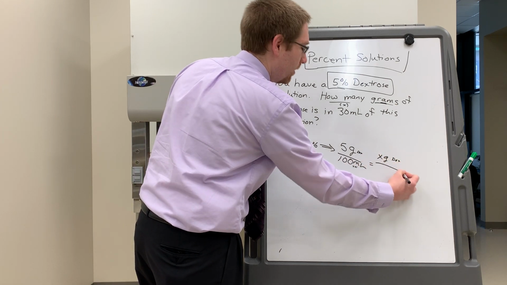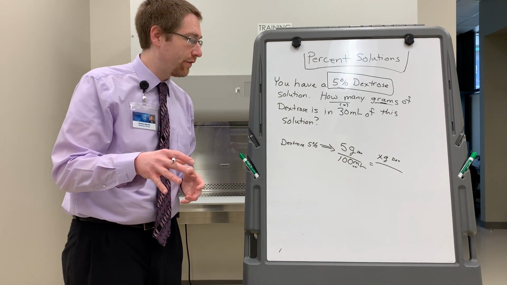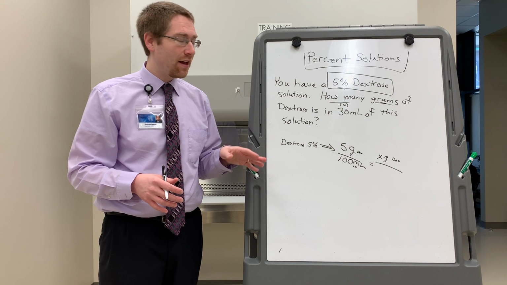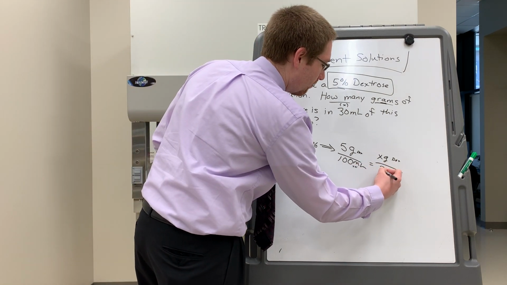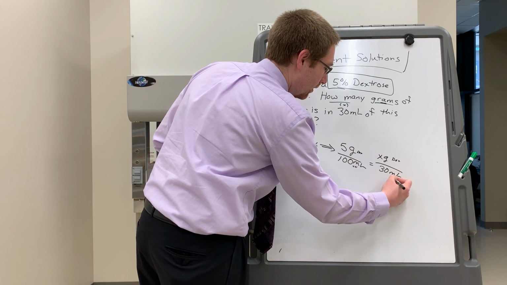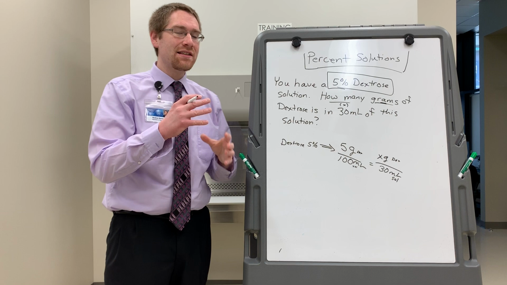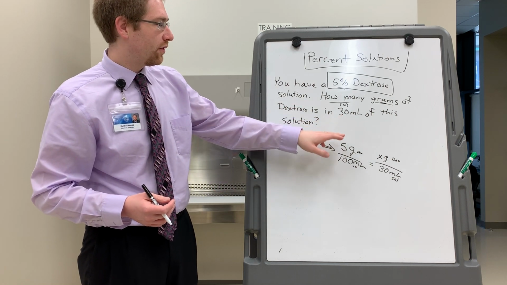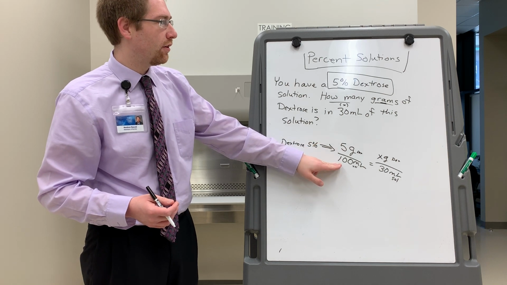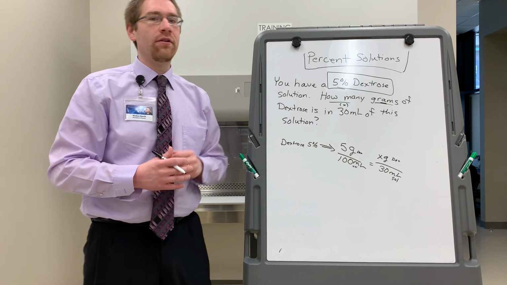So setting up the equation, I know that it's X grams of dextrose, because that's what we're trying to figure out, is in 30 mLs of this solution. So I can write down here 30 mLs of solution. And just to double check my equation, this is how you would verbalize this statement. I know that if there's 5 grams in every 100 mLs, I can determine how many grams are in 30 mLs.